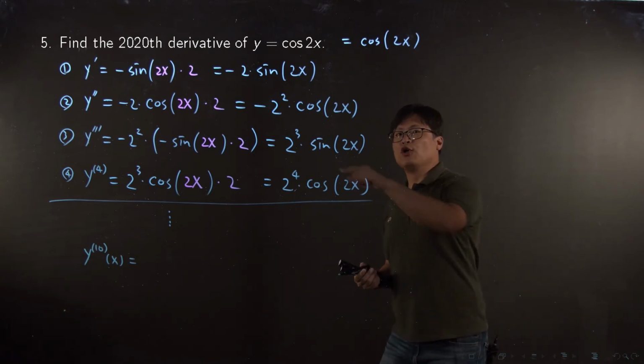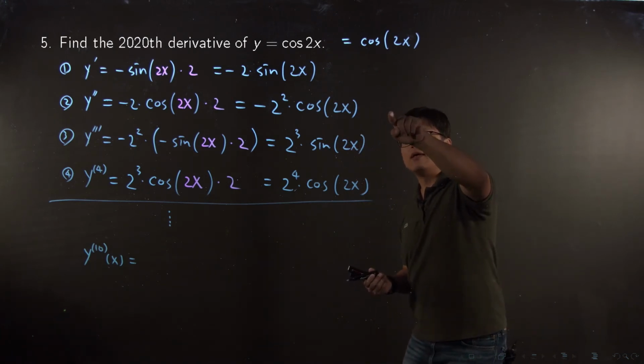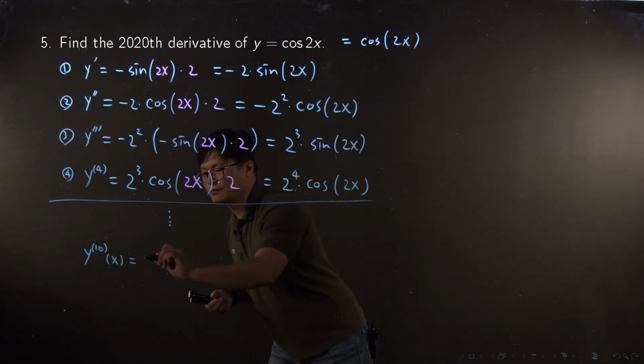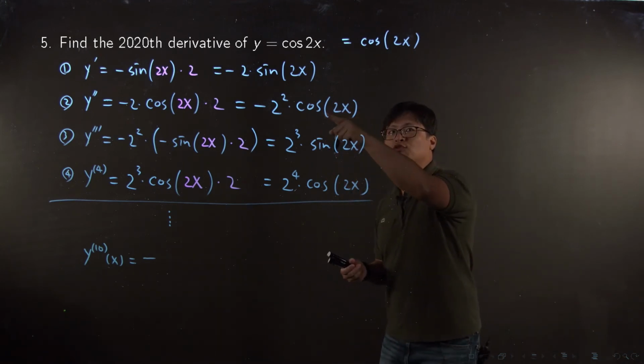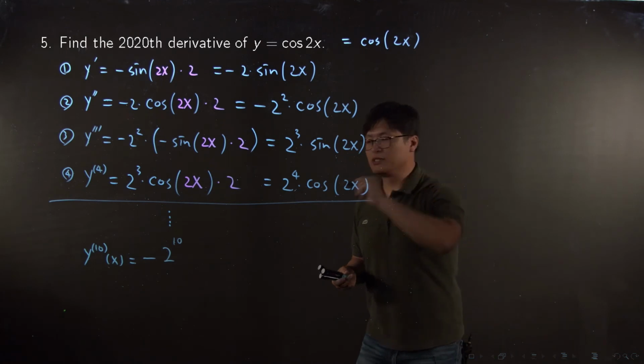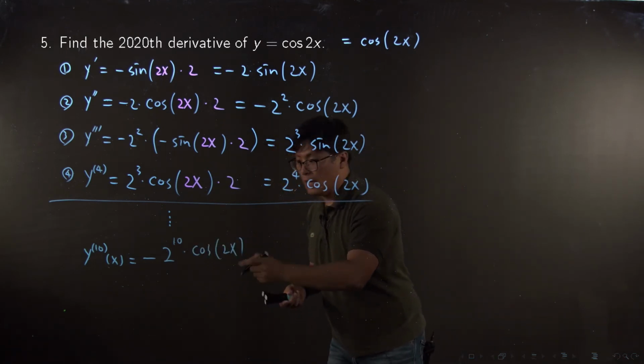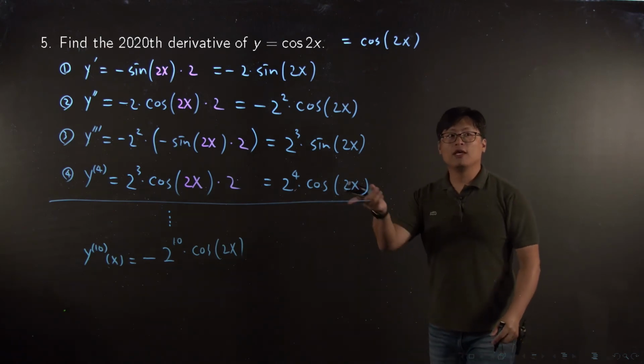Is that okay? So your 10th derivative will follow the second pattern. What does that mean? Your sign must be minus, your coefficient is 2 to the 10, and your function must be the cosine function. That's it. If you don't trust me, you can try again.